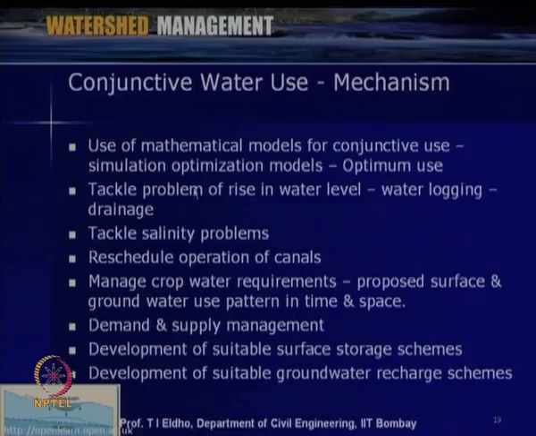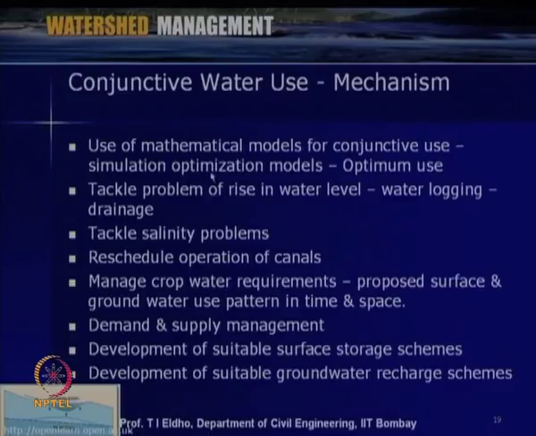Now, let us see what the important mechanisms are through which we can adopt conjunctive water use. Some of the mechanisms I have listed here: we can develop mathematical models for conjunctive use by considering the simulation of hydrological aspects and groundwater aspects.